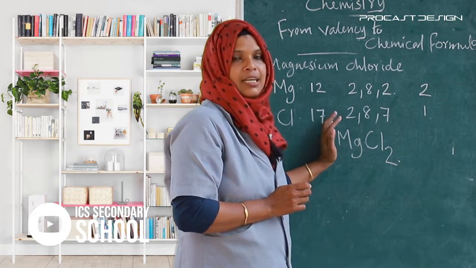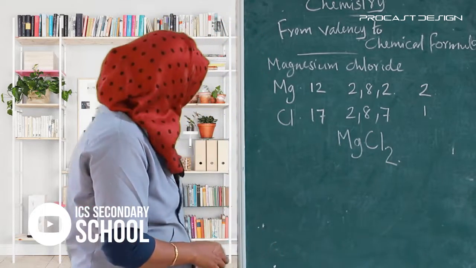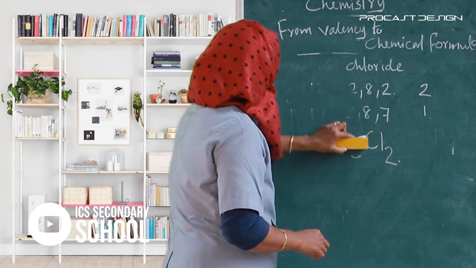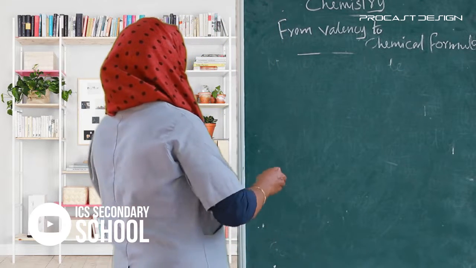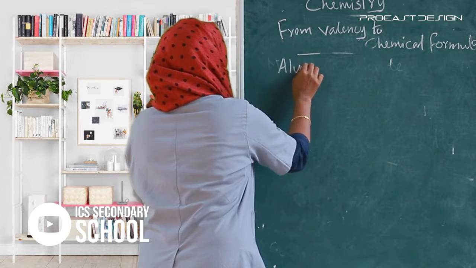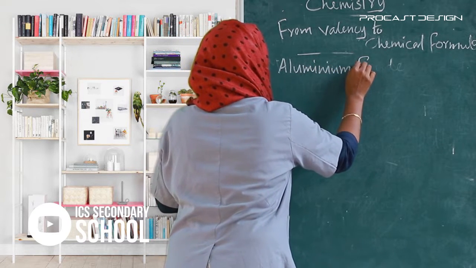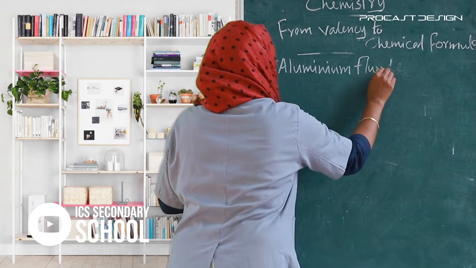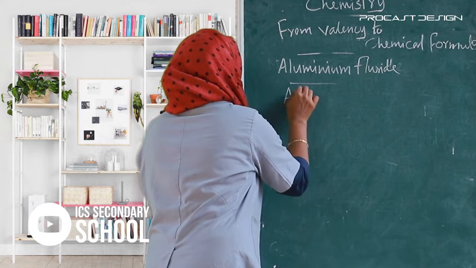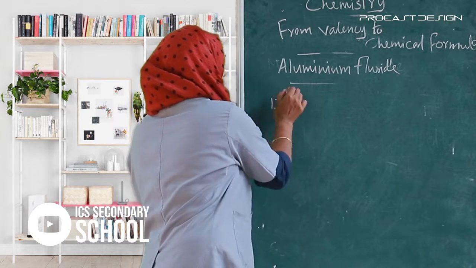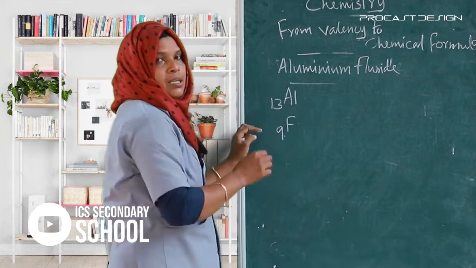Then next one is aluminum fluoride. The symbol of aluminum is Al and its atomic number is 13, and the atomic number of fluorine is 9.